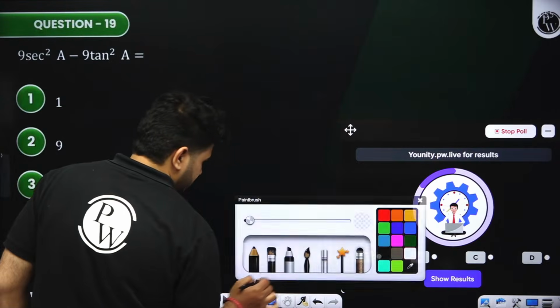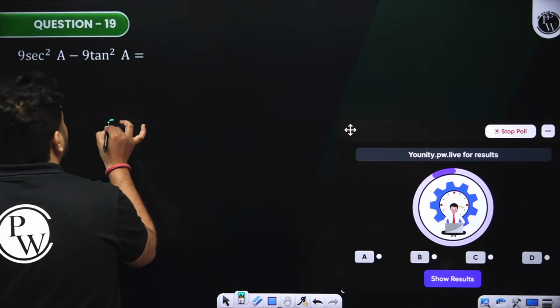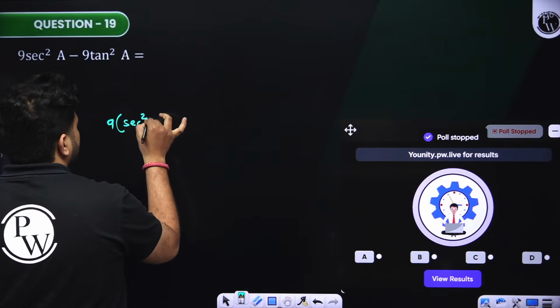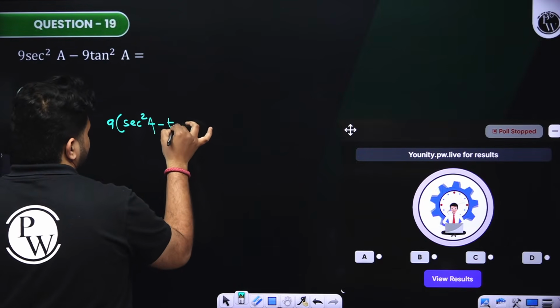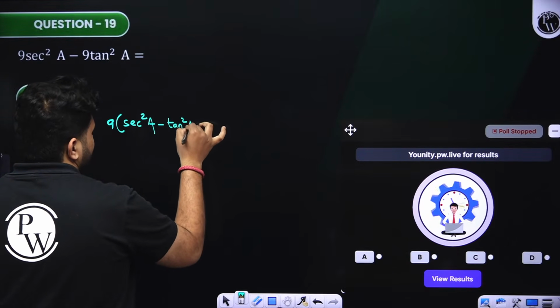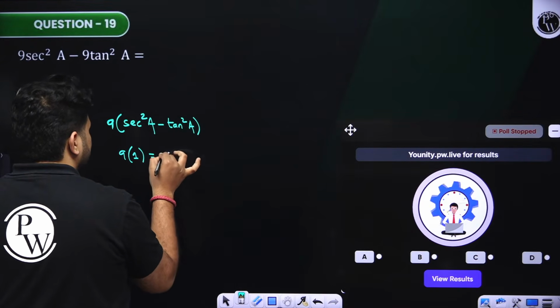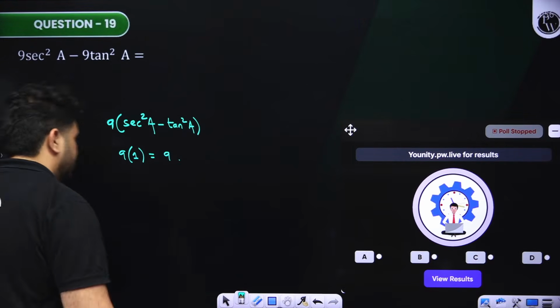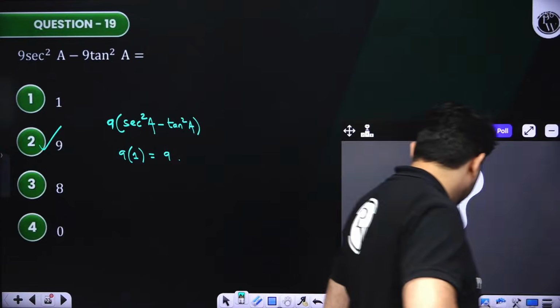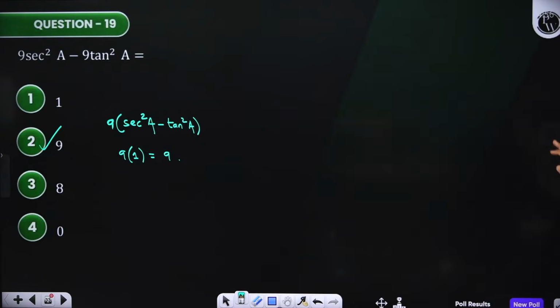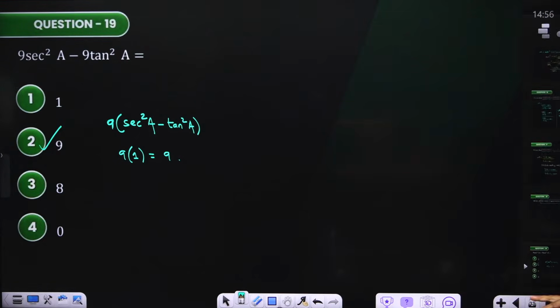If I take 9 common from here, it will be secant square A minus tan square A. And the value of secant square A minus tan square A is one. So 9 into 1 is 9. So option 2 is correct. Yes, very nice. Super, Saujanya. Very nice. Next problem we go.